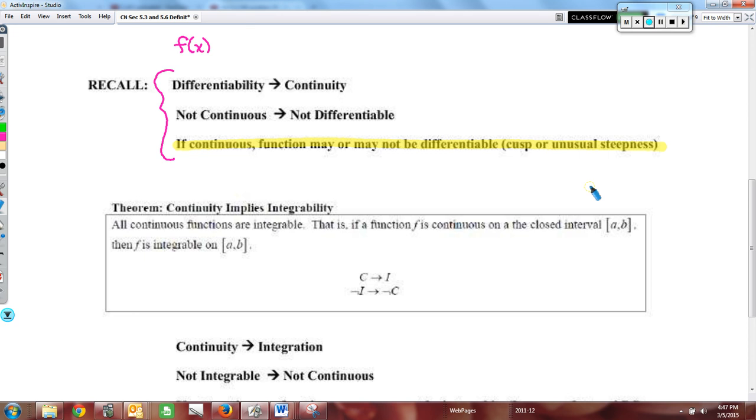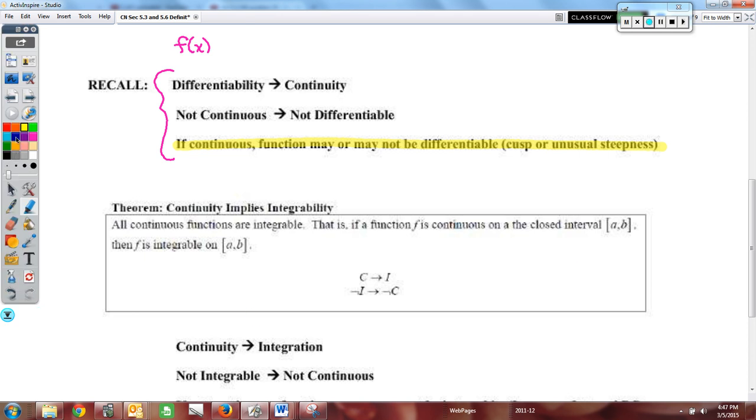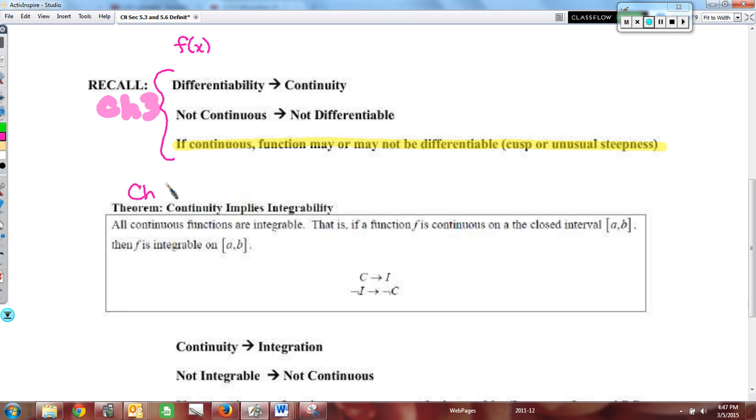Now the trick here in Chapter 5 is that we're working backwards. The other trick is to remember that the f that I am talking about here, f of x, is the quote-unquote original function for Chapter 3.